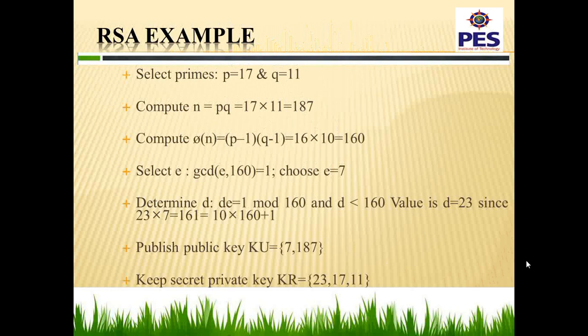Relatively prime means the GCD equals 1. Choose e equal to 7. Determine d such that d times e is 1 mod 160, where d is less than 160. The value of small d, the decryption key, is 23. Publish the public key 7 and 187, and the secret key as 23, 17 and 11.